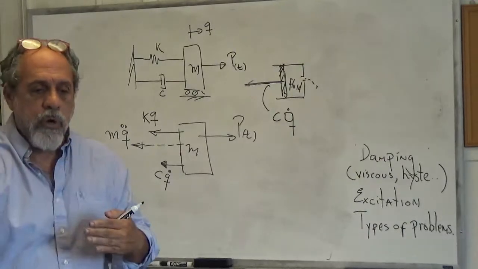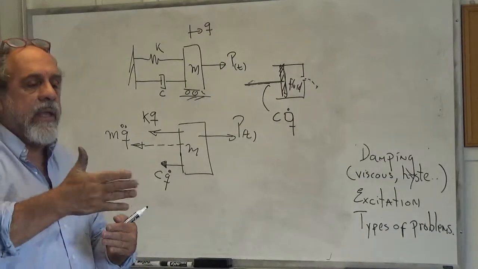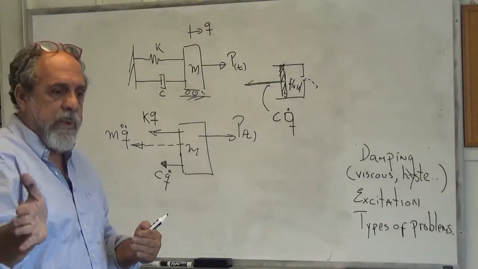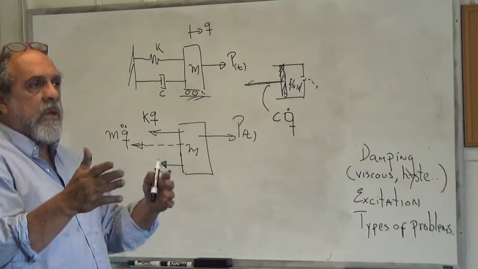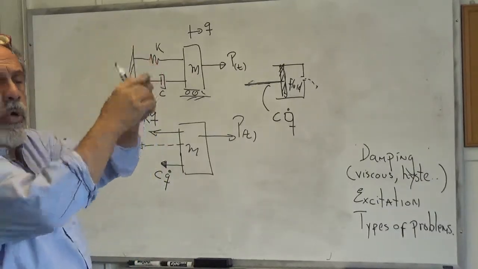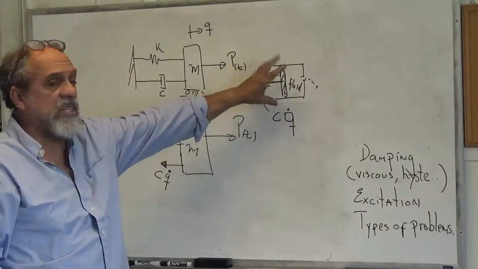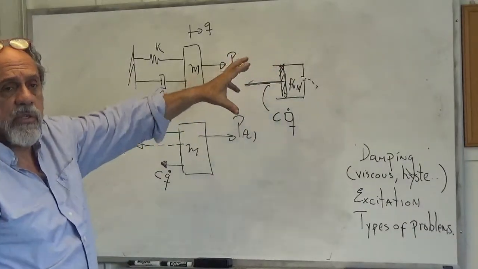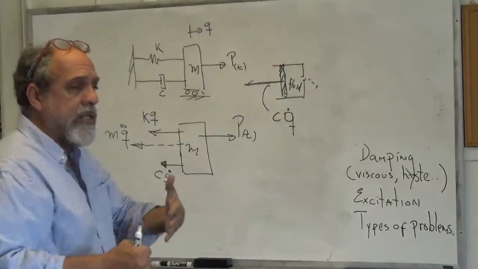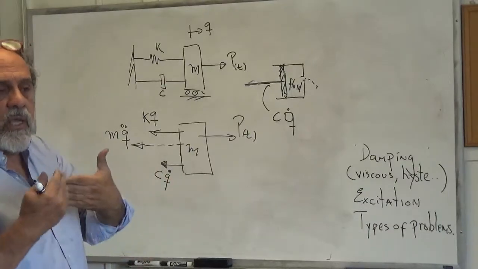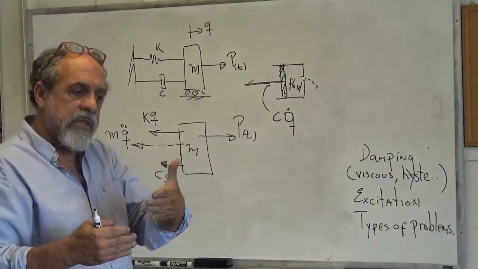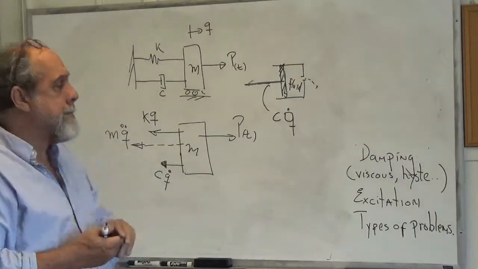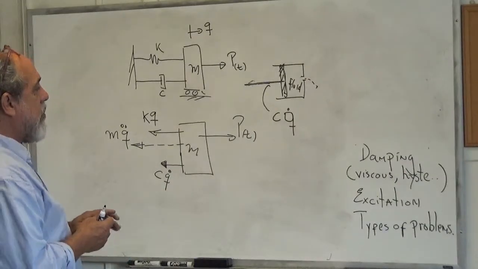When you open a door and the door comes back, it comes back slowly. The mechanism on top of the door is most of the time something of this nature, so it's a viscous damper. In fact, if you try to push the door quickly to close, you find a lot of resistance. If you let it close by itself, then the resistance is much smaller.